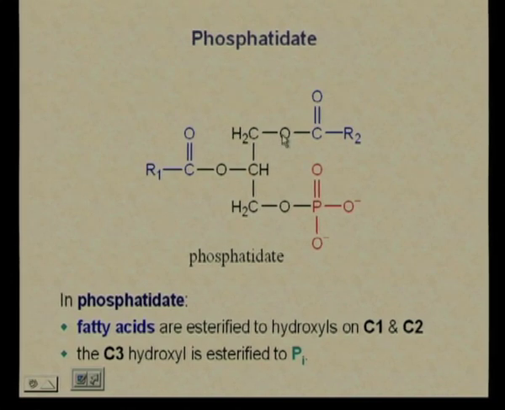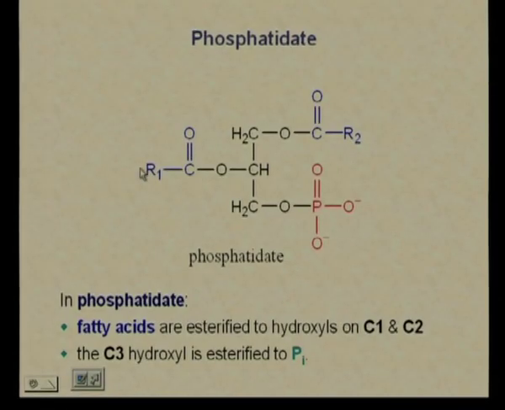You recognize the black part here is part of glycerol, CH2OH, CHOH, CH2OH. Now, what has happened at the first 2 carbons, C1 and C2, is they have been esterified by fatty acids.